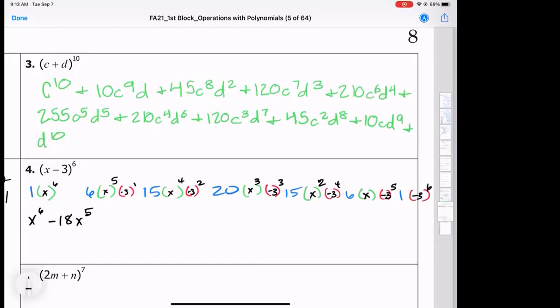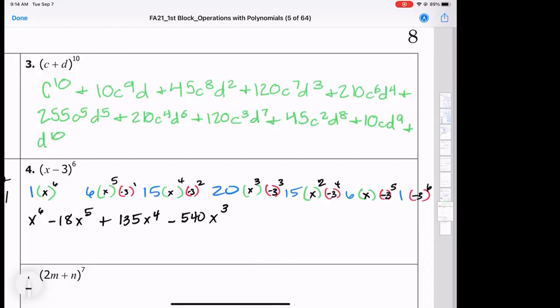Then -3 squared is +9, and +9 times 15, x to the 4th. -3 cubed is -27, times 20. Negative 27 times 20 is -540.